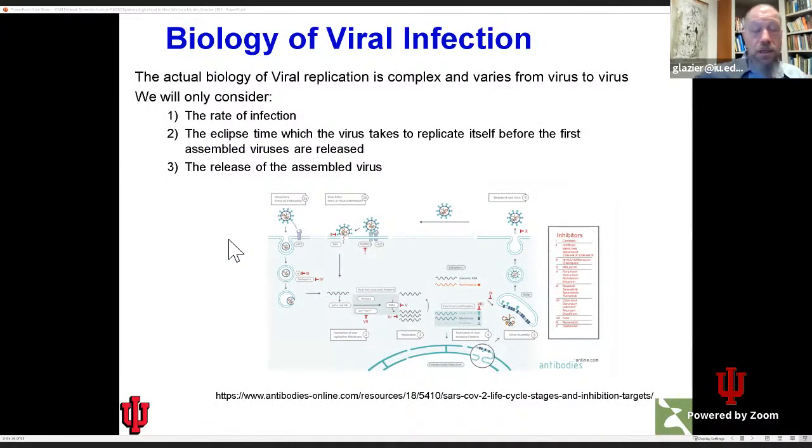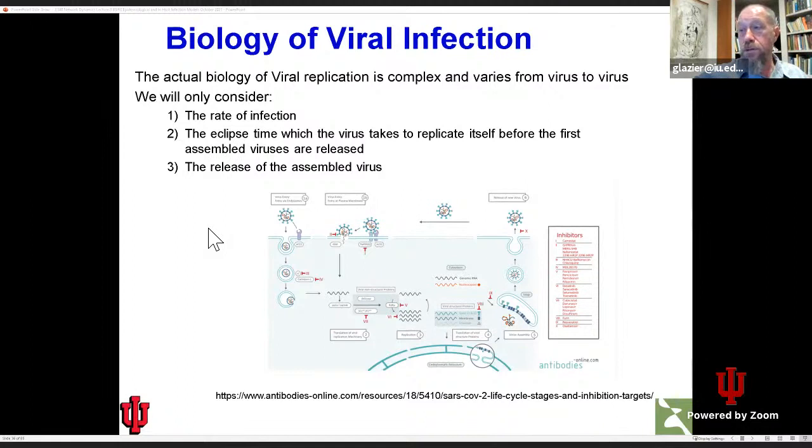When we look at the process of viral infection in a single cell, viral replication and release of the virus, there are a lot of steps that have to be gone through. That's one of the reasons that there's this latency, this eclipse phase or lag phase.